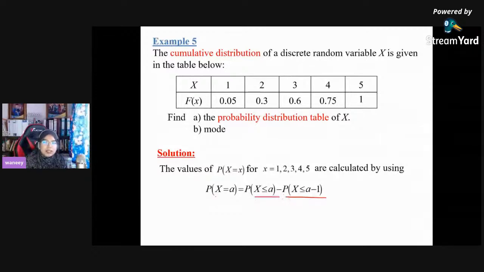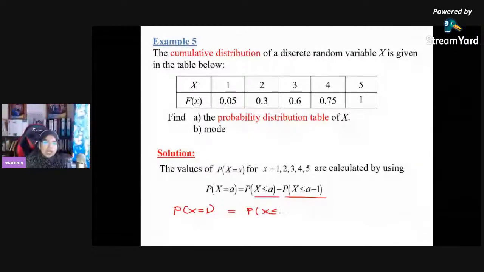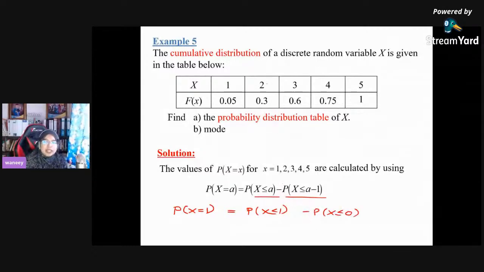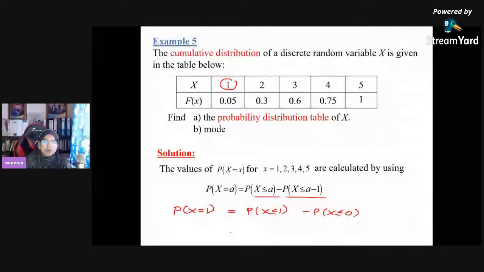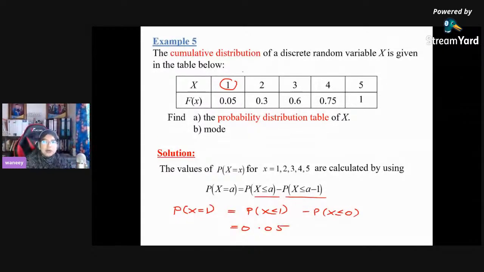I mean, if you want to calculate the probability for x equal to 1, this is the probability for x less than or equal to 1 minus the probability for x less than or equal to 0. So x less than or equal to 1, that is this number over here. So the probability is 0.05. Probability for x less than or equal to 0, I don't see any 0 over here. So the probability is simply equal to 0.